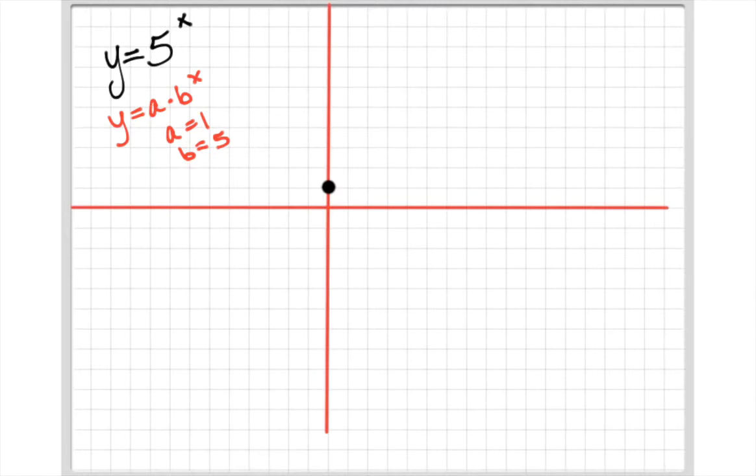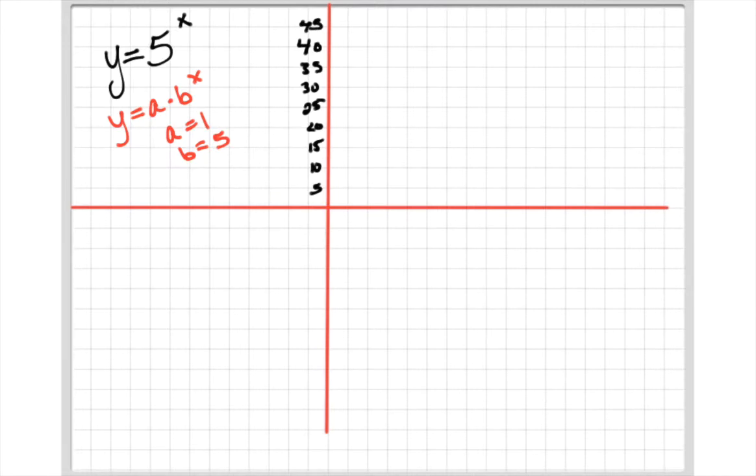So maybe to make this a little bit easier to see, I could shrink this graph down a little bit. Let's make this 5, 10, 15, 20. We'll go up by 5s. Still not going to get very far, because exponential functions get very big very fast.